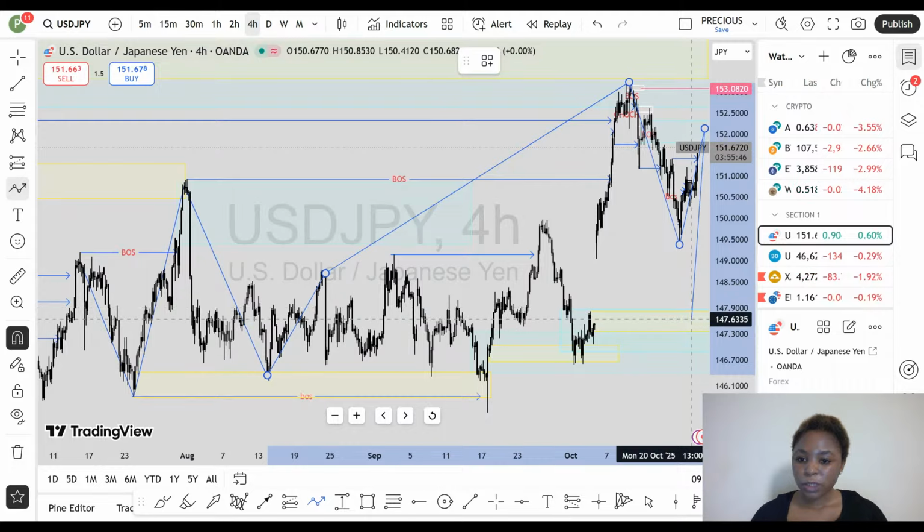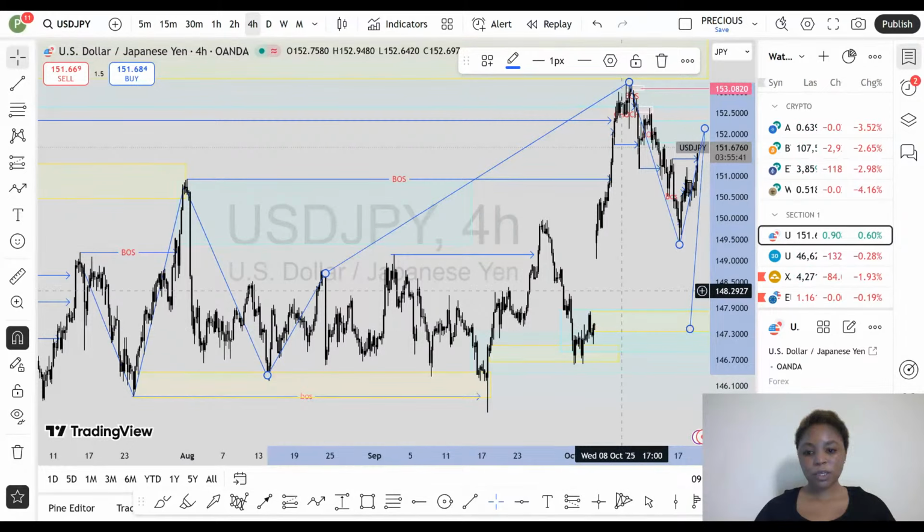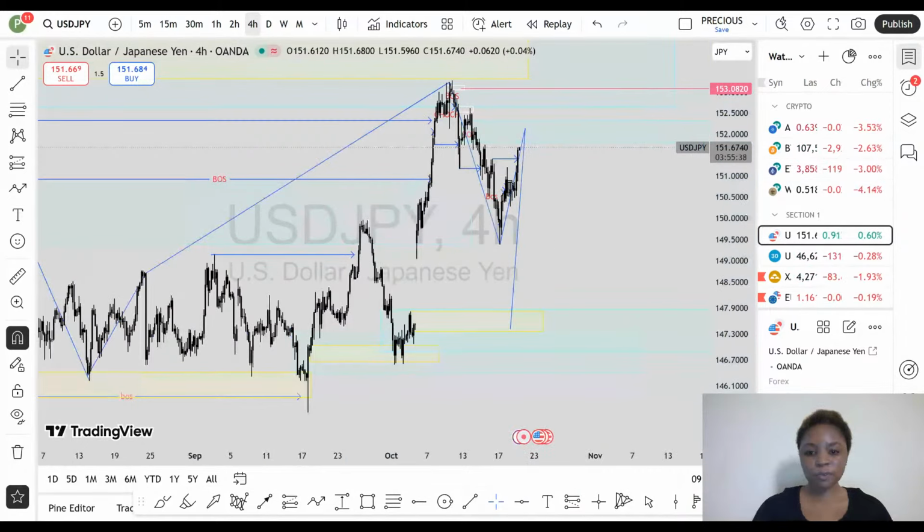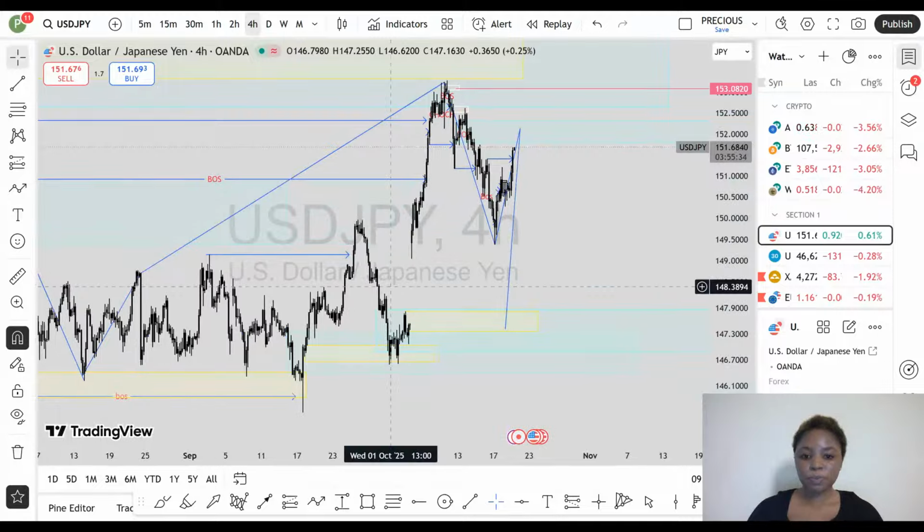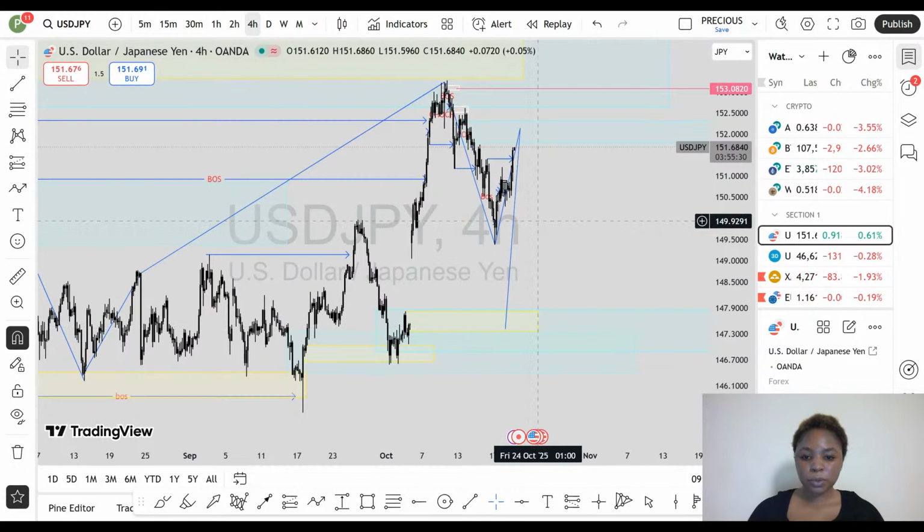We're expecting the market to sell all the way here, then we can buy from this level all the way up here, because we have this gap here that we are anticipating the market to fill, and then sell and then buy upward here.